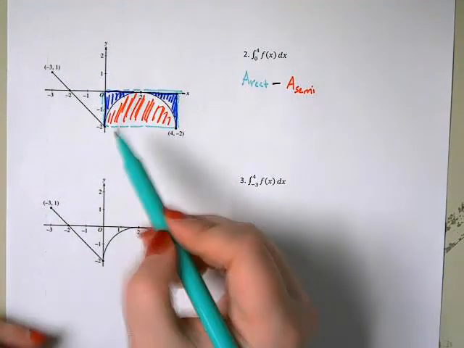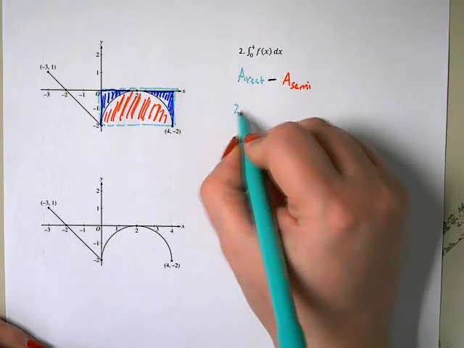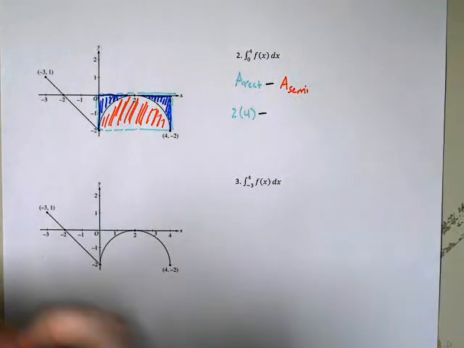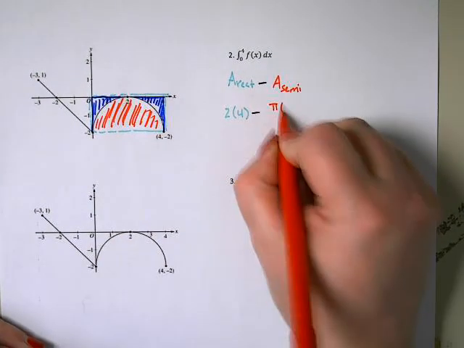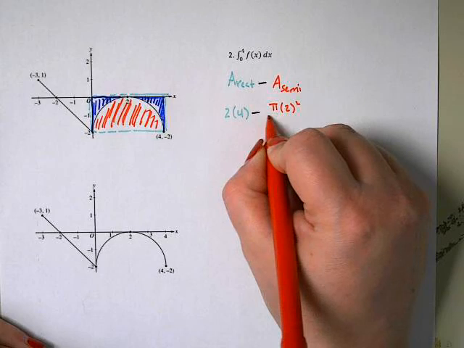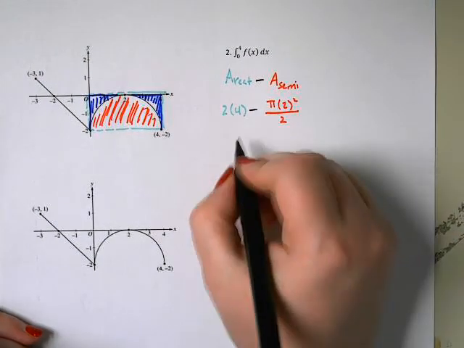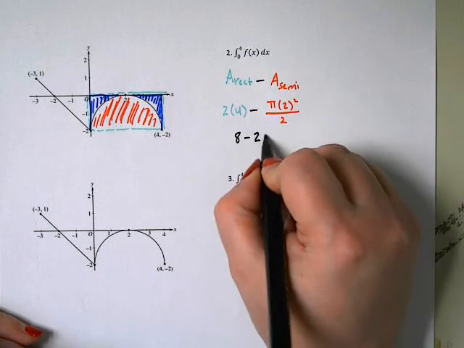So the rectangle, let's see, it's 2 by 4. And then the semicircle has a radius of 2, so that's pi r squared, and it's a semicircle, so it's cut in half. So we would have 8 minus, let's see, that's 4 pi divided by 2, which is 2 pi.